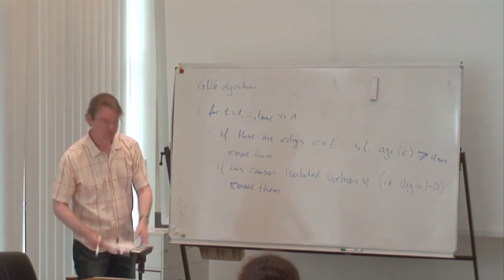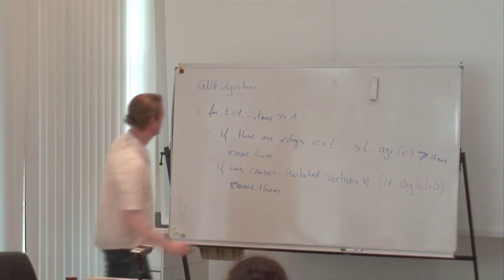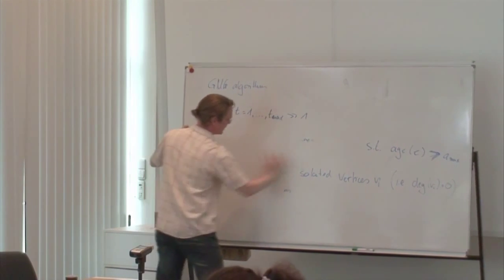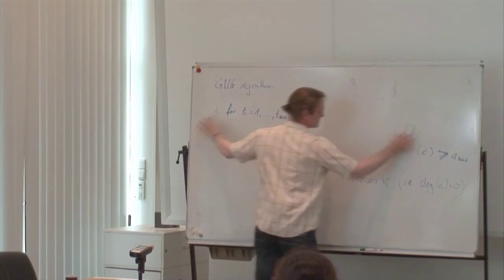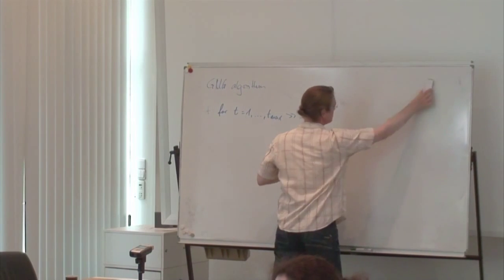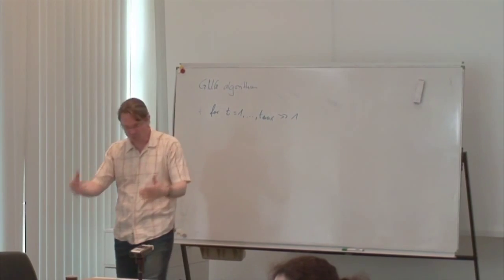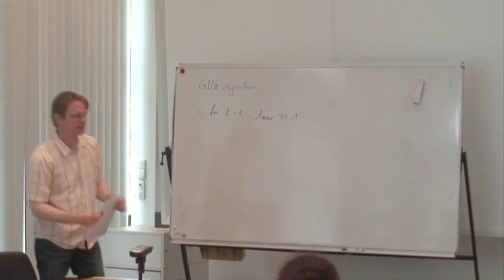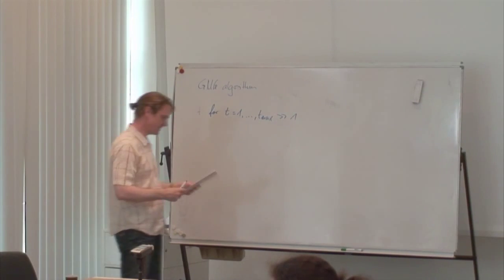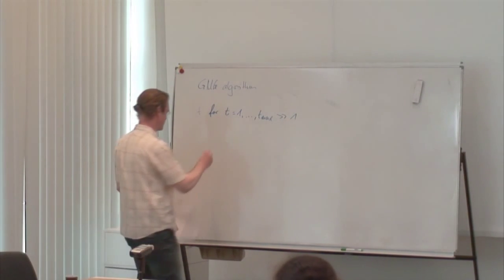So, and now we are almost done. Let's see what we got. How do we actually insert nodes? So far we have inserted edges if need be. We have removed edges if need be. And we have removed vertices, but we have not added vertices. And that is the final thing.